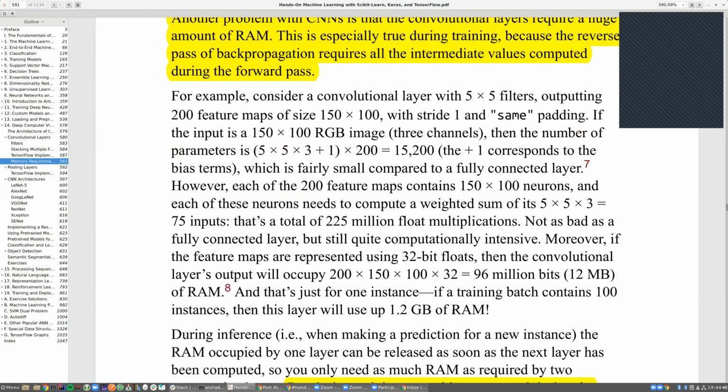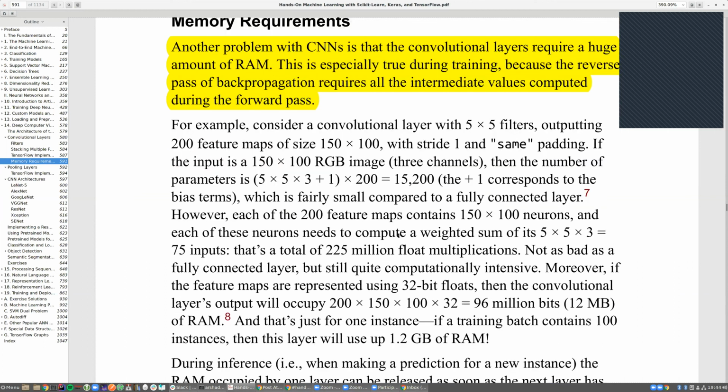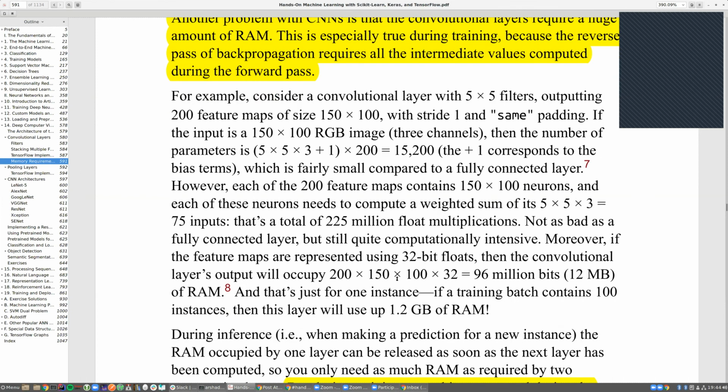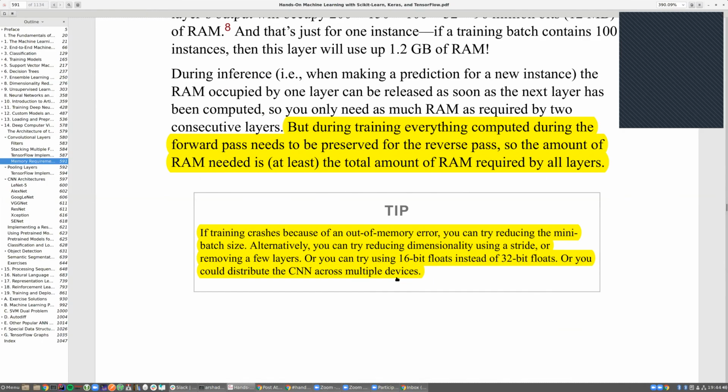That's not a problem for most of us, but you have to be aware that during training you will need a lot more memory than during prediction, because in prediction you don't need to keep intermediate values. They can all be thrown away, but during training all the intermediate values need to be kept so that back propagation can work properly. That's the issue. And they say that if it crashes, then try reducing the batch size and use 16-bit floats rather than 32-bit floats.